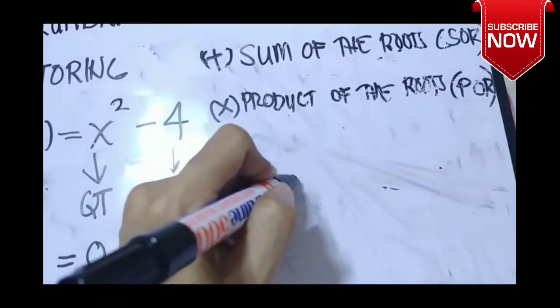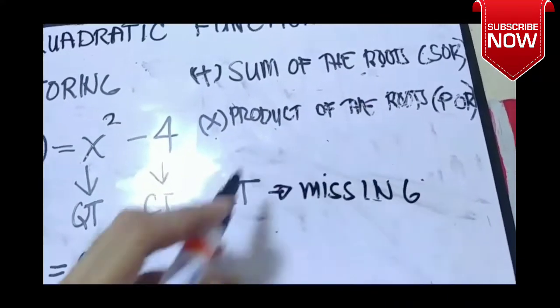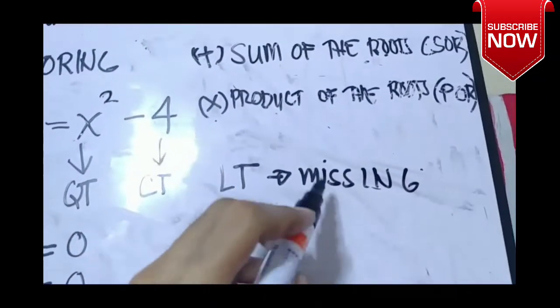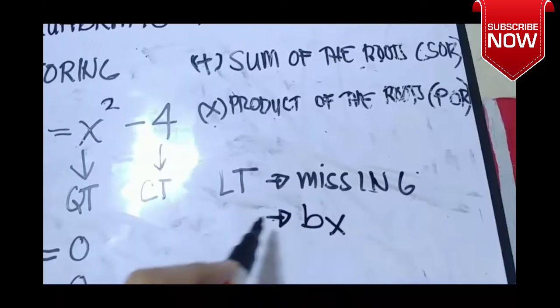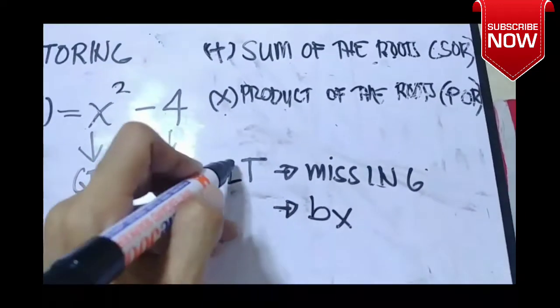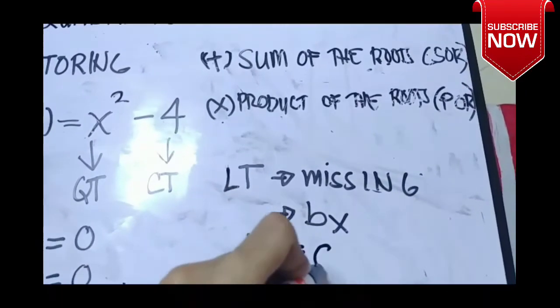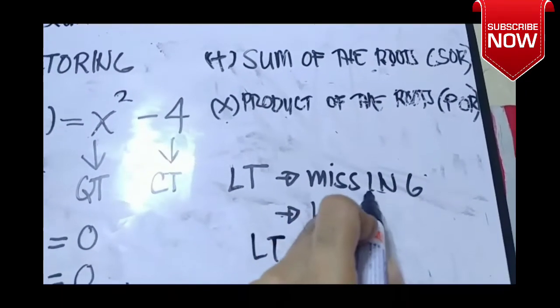Since linear term that is missing, and that is the bx, always take note that linear term is always equal to 0 if it is missing. Okay?